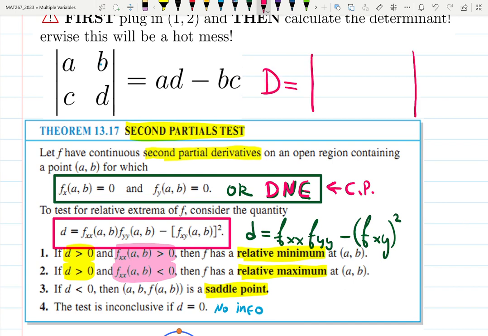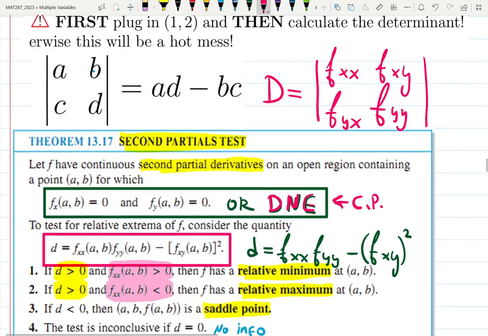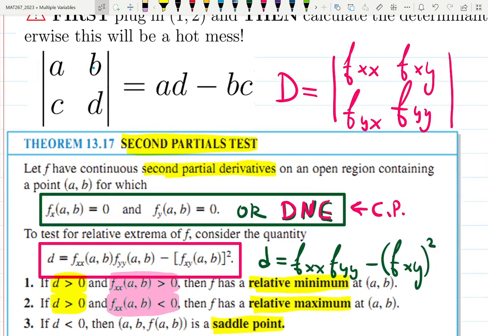It's the determinant of a 2 by 2 matrix, which is not too bad: fxx, fyy, fxy, fyx. That's where the formula comes from. Cross product minus cross product. So fxy and fyx are the same by Clairaut's theorem, which we learned last time. That's why it's squared. I'm talking about this beautiful formula.